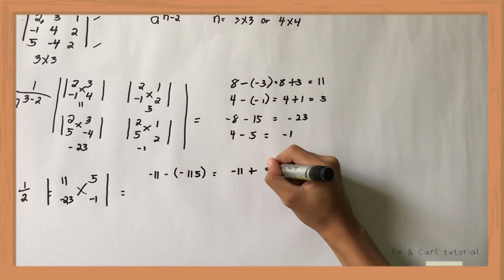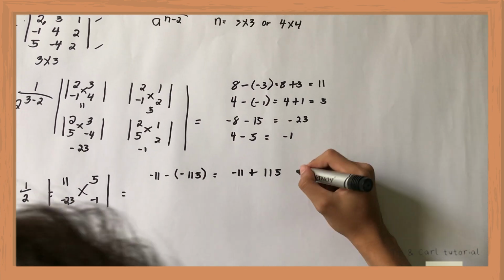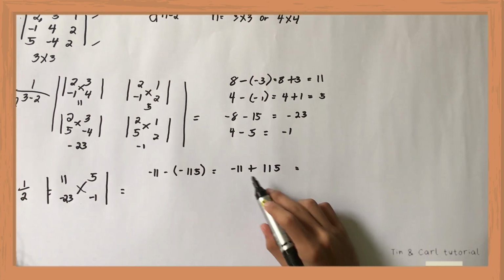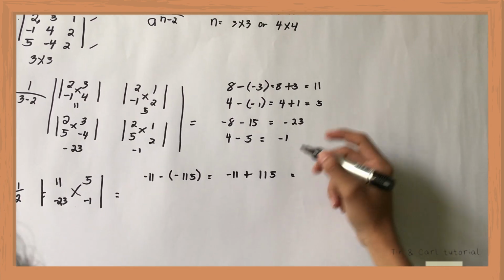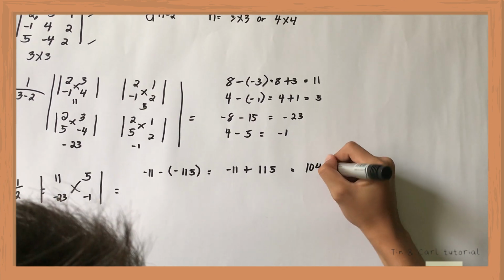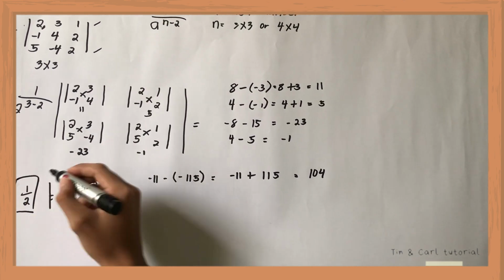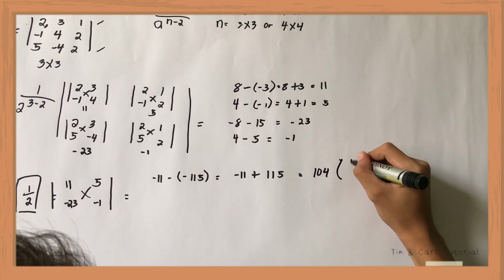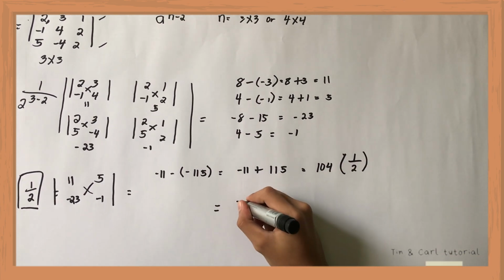Negative 11 plus 115. Yung minus natin to, magiging positive kasi negative and positive. So, mas malaking value ng positive. Magiging 104. Then, umumultiply natin dito. So, 1/2 na ito. Multiply by 1/2. Ang makukuha natin value ng matrix natin is 52.